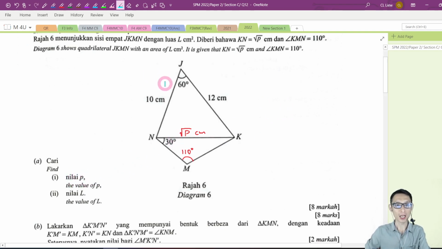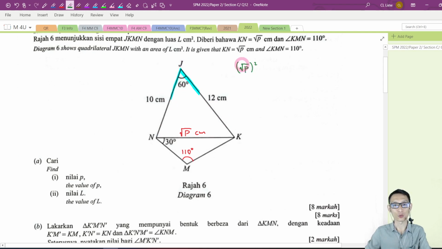So here, I'm going to use cosine rule. Square root of P squared, NK squared, is equal to this squared plus this squared minus 2 times this and times the cosine of this, right? This is cosine rule.